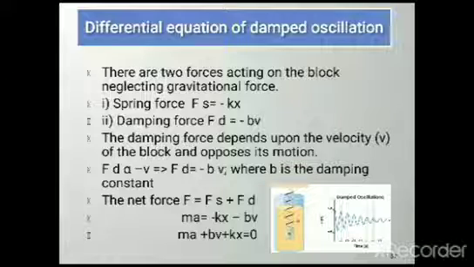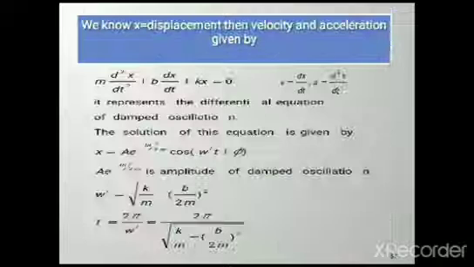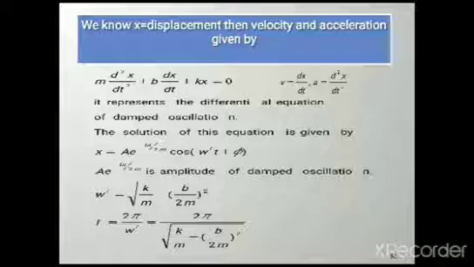Here a is the acceleration and v is the velocity. You can write velocity as dx by dt and acceleration as d2x by dt square. So let us substitute both the values. Then we will get m d2x by dt square plus b into dx by dt plus kx is equal to 0. The above equation is called the differential equation of damped oscillation.